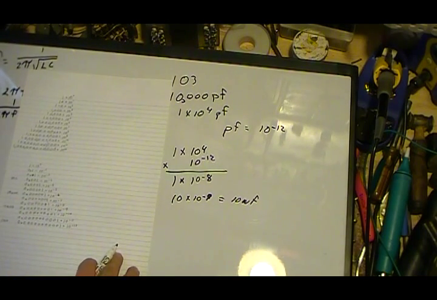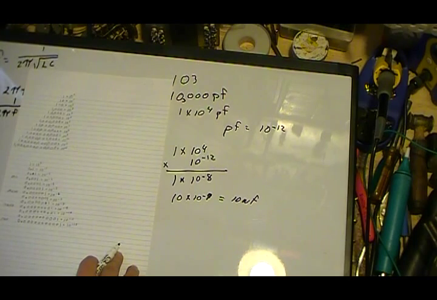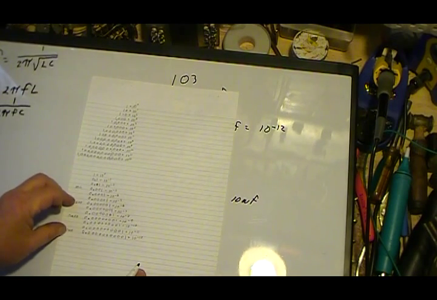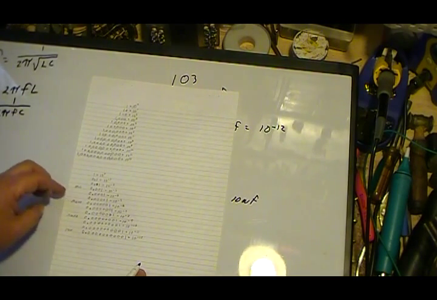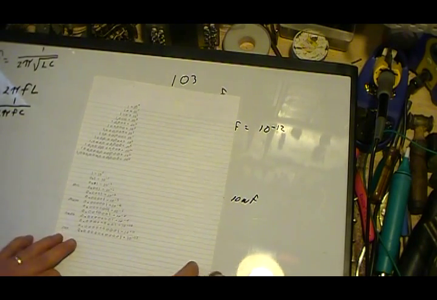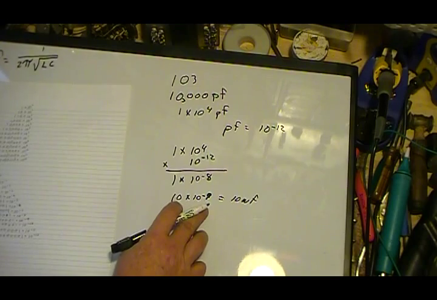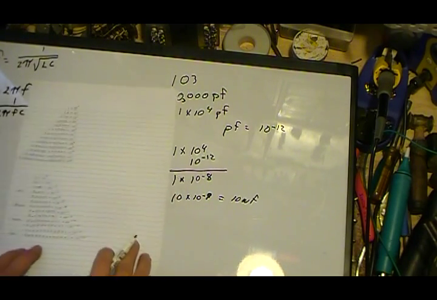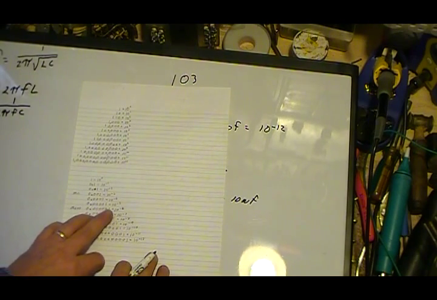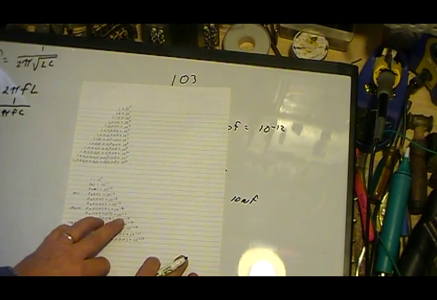But your capacitors or your schematic may not say anything about nanofarads. It's probably going to be either microfarads or picofarads. How can I change this to something micro? Well, the nearest micro is 10 to the minus 6. So how do I get up there?